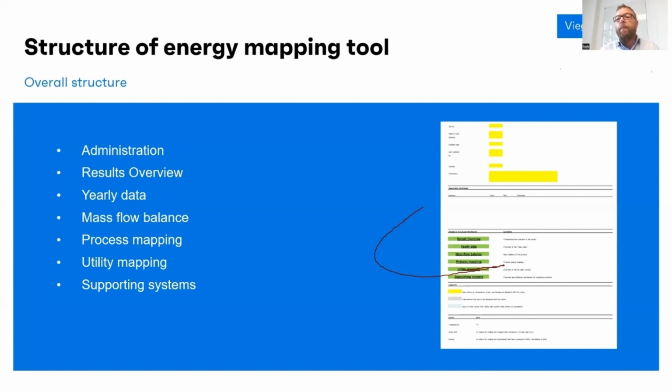Let it depend on the process and the production as much as possible, and less on fixed values that need to be updated every time. So if you can just change the process values and some yearly data input, then the energy mapping could be updated relatively easily at a certain interval or frequency, and it could go into both the energy audits and other things.